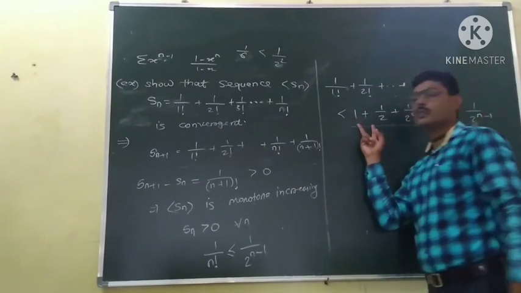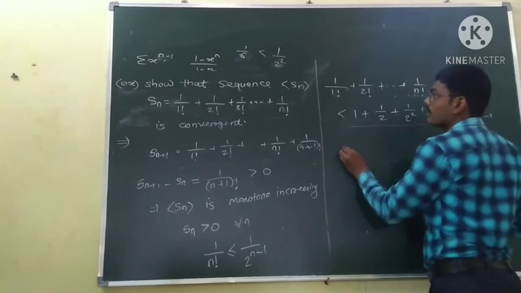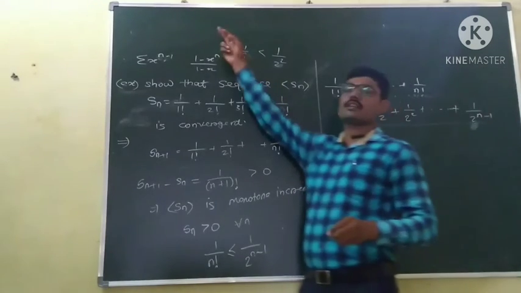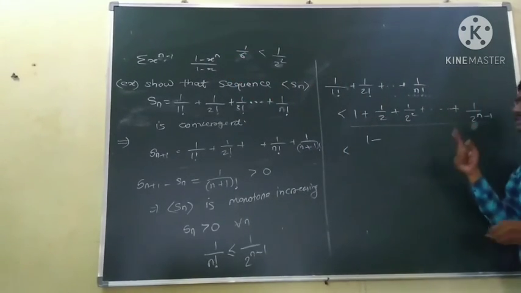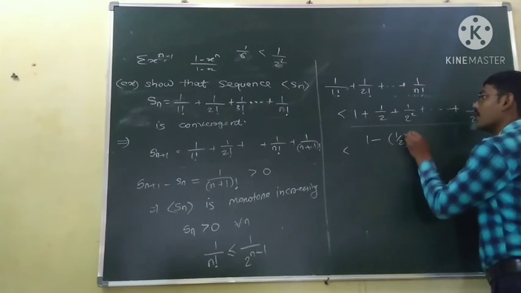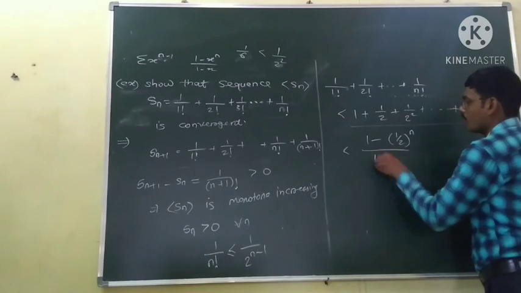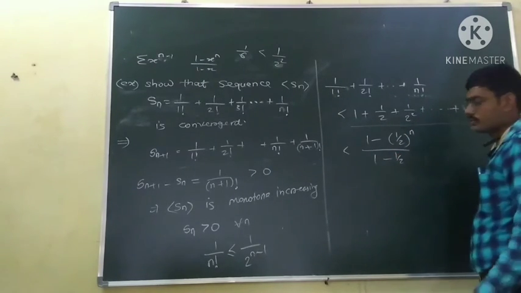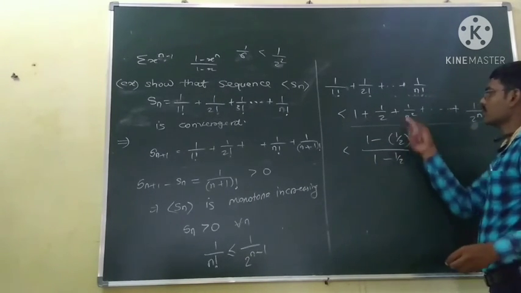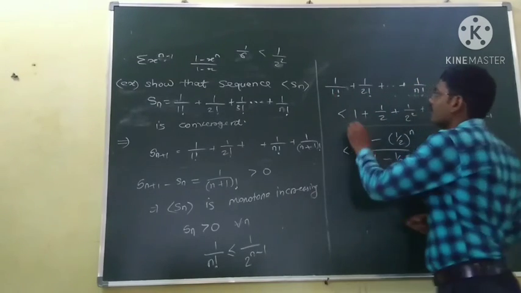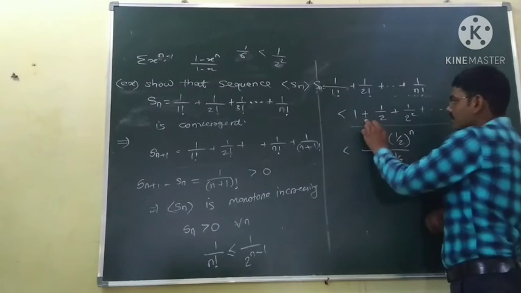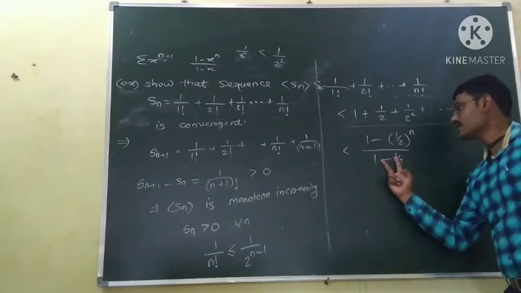So we get 1 minus 1 by 2 raised to power n upon 1 minus 1 by 2. This is our Sn, and Sn is less than this term.